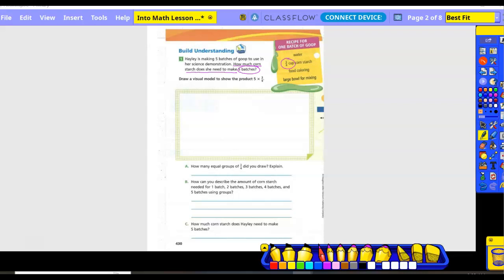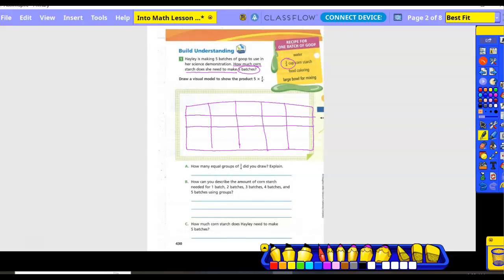Okay, so how many rectangles? 5, right? And then how many am I breaking each rectangle into? 4ths, right? How much do I color of each rectangle? 3.